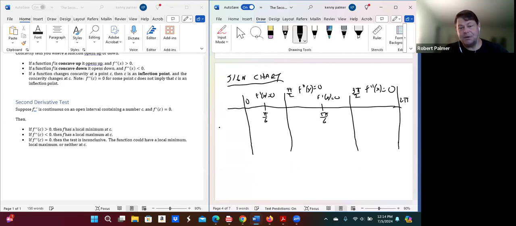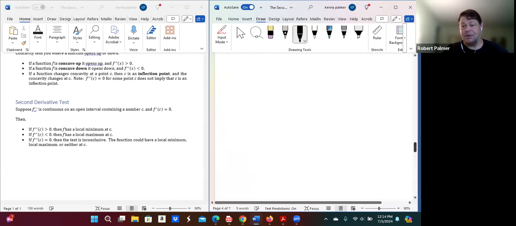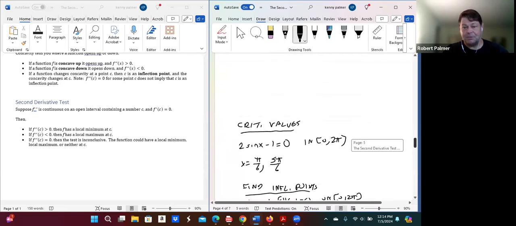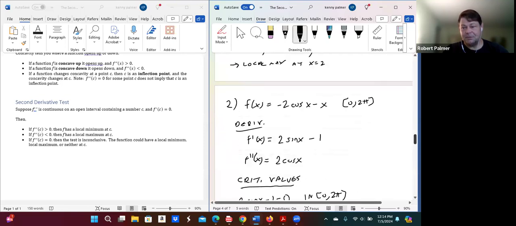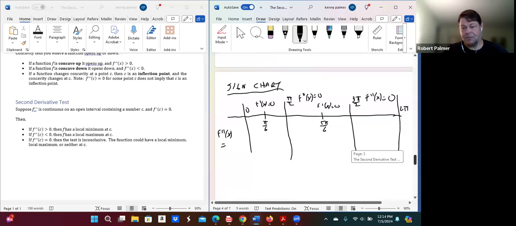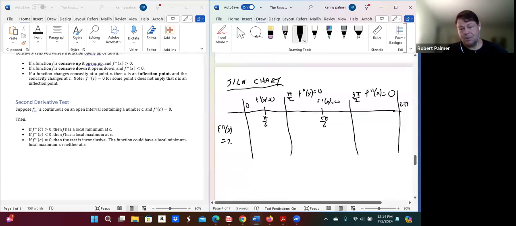Once again, here our second derivative, f double prime of x, is equal to 2 times the cosine of x, I believe. Let's double check that. All right, so 2 times the cosine of x. Now here also, we only care about the sign of f double prime.